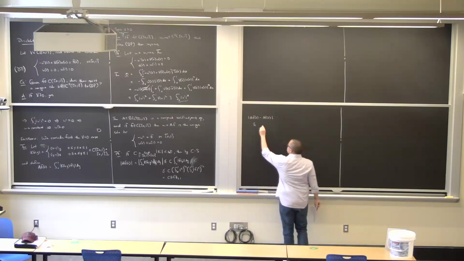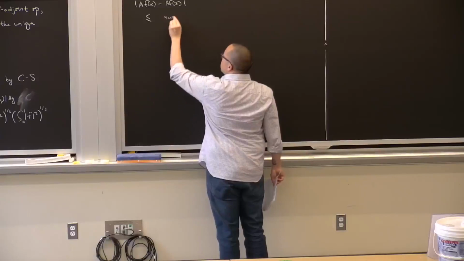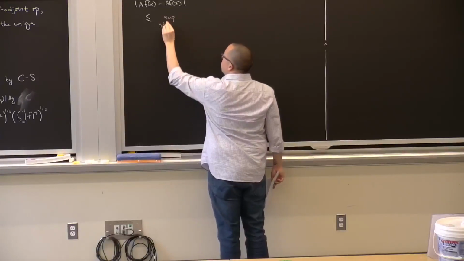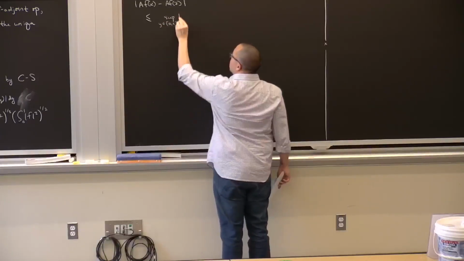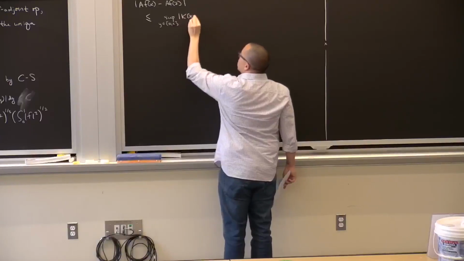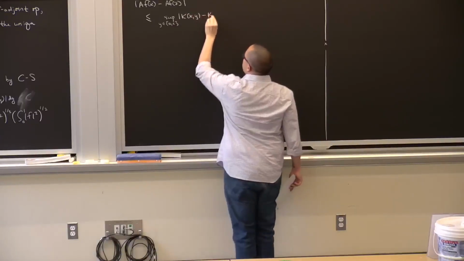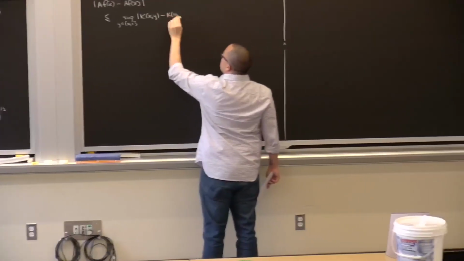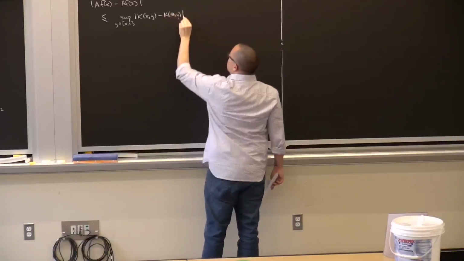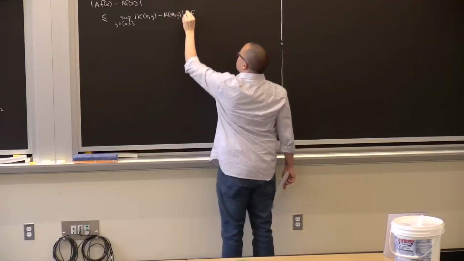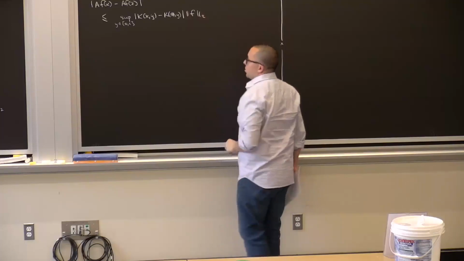So what I get is that this is less than or equal to the sup over y in 0, 1 of k of xy minus k of zy, times the L2 norm of f.